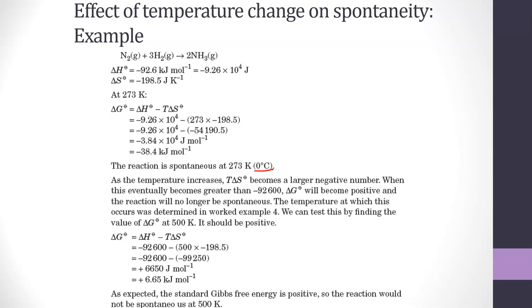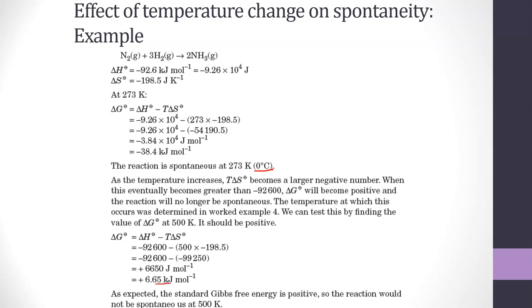Okay, so we can determine the temperature at which this occurs, and we can test this by finding the value of delta G at 500 Kelvin. If we go delta G equals delta H minus T delta S, this is our delta H, minus 500 times our change in entropy, we can see that we have tipped into a positive delta G value, so the reaction will no longer be spontaneous.